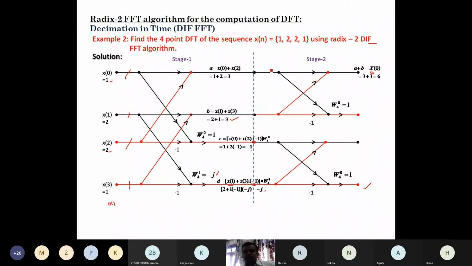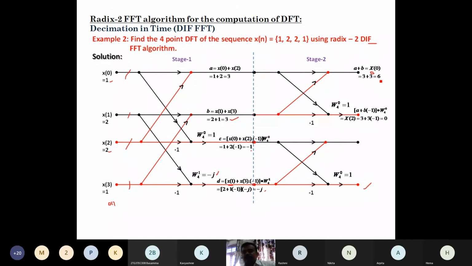For the first butterfly, the input is A and B, and the second butterfly has C and D input values. So what is the first element? First output A plus B, which is equal to capital X0, which is given by 3 plus 3. So A is 3, B is also 3. So 3 plus 3 is 6.